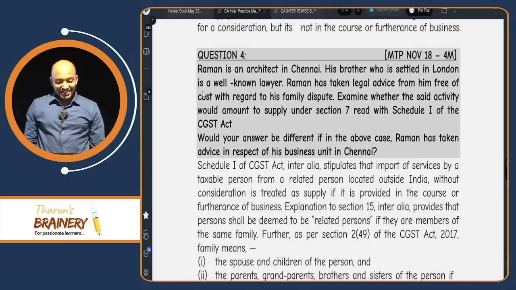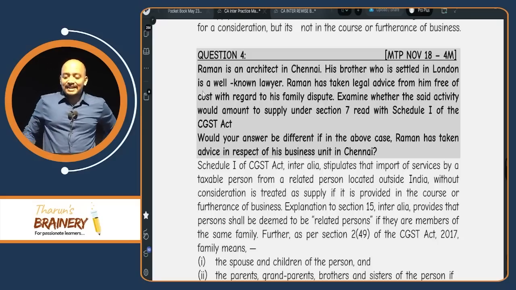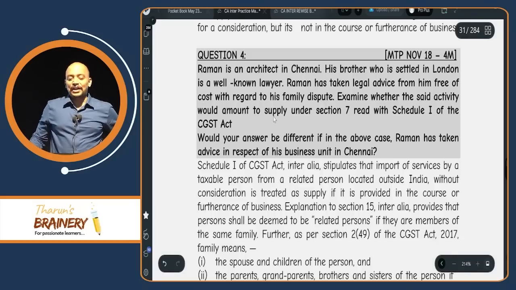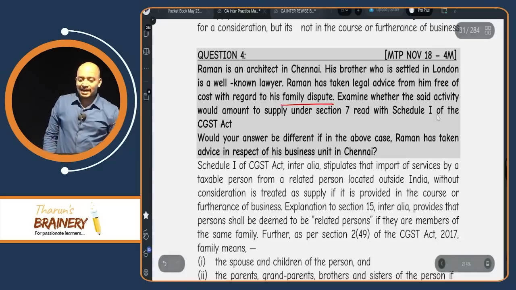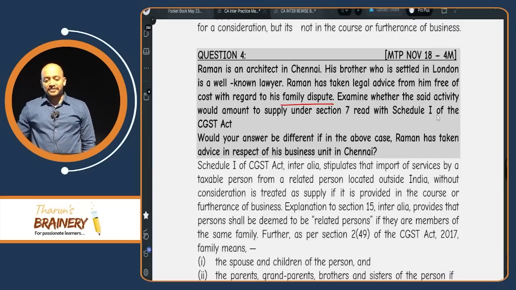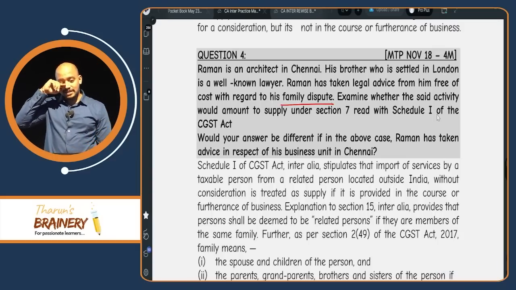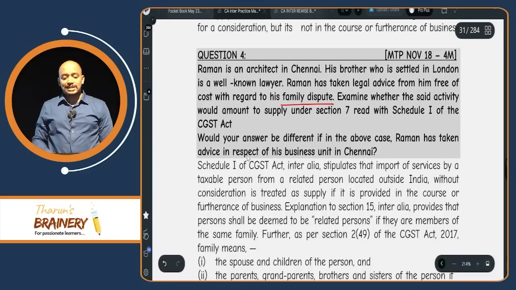So see this. Raman is an architect in Chennai. His brother is settled in London, is a well-known lawyer. Raman has taken legal advice from him free of cost with regard to his family dispute. Examine whether the said activity would amount to supply under section 7 read with schedule 1 of the CGST Act. First of all, is it import of service from a related person?